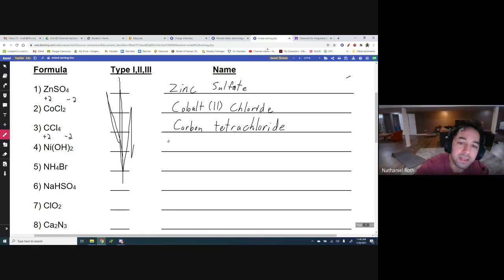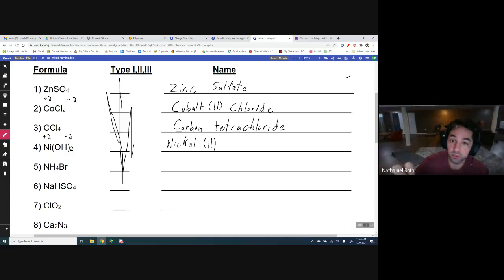So that means nickel is going to have a charge of +2, which means its Roman numeral is going to be 2. And then we just name our polyatomic ion as such, nickel(II) hydroxide.